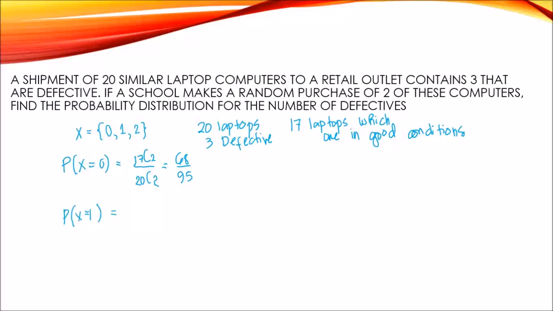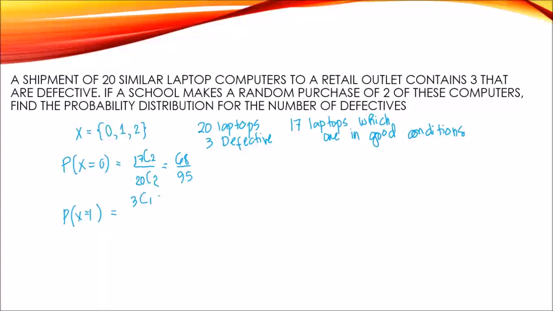In this case, we only get one that is in good condition. So out of 3, we get 1 in bad condition. Right? That is 3 combination of 1. Then multiply it. Out of 17 laptops in good condition, how many will we get?